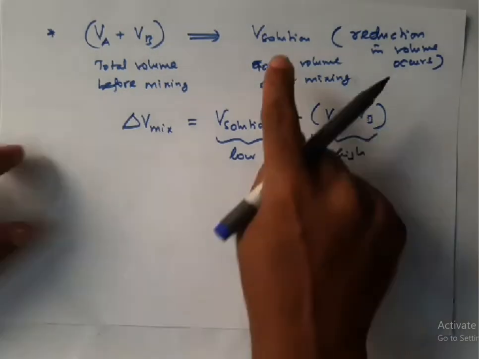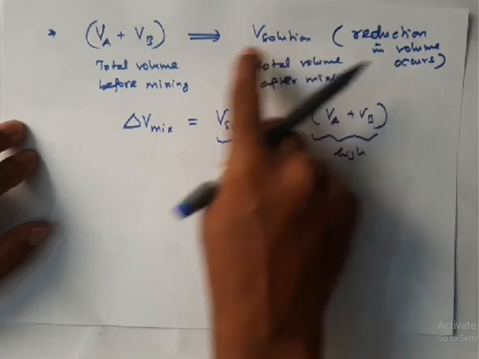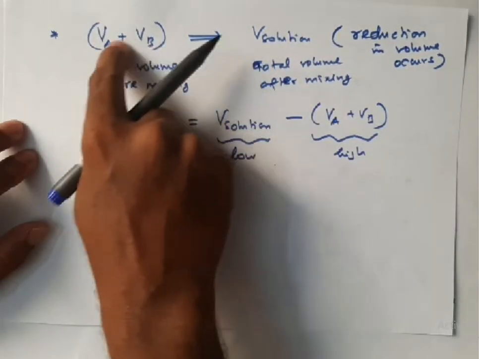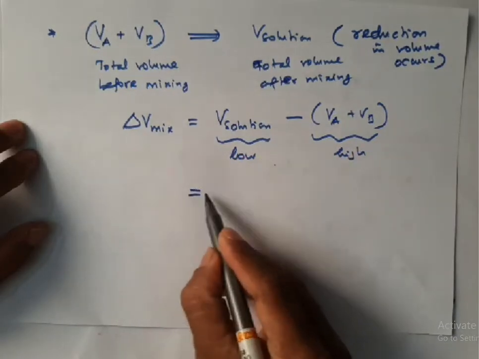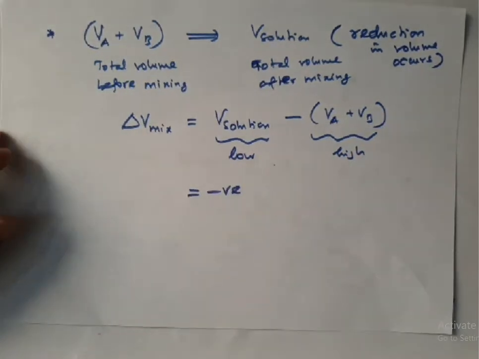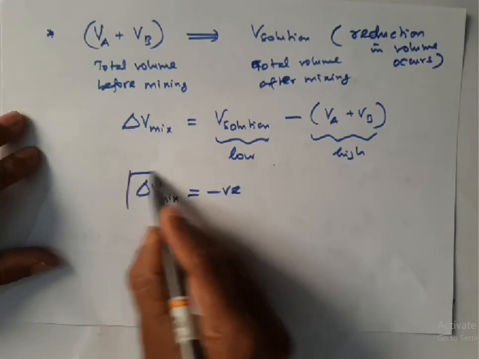Therefore the total volume after mixing is low compared to the total volume before mixing, so I will get a negative sign. So delta V mixing is negative for a solution showing negative deviation.